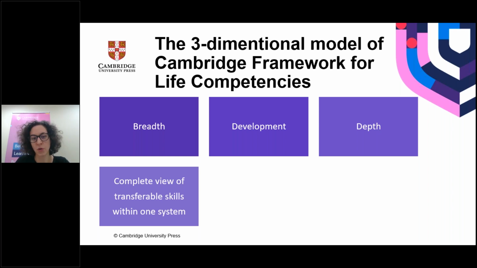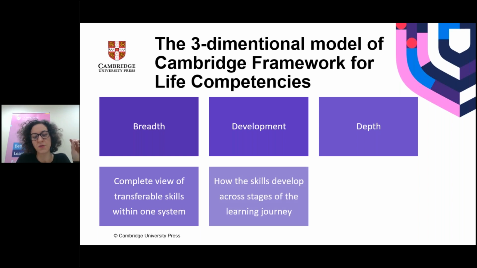I will show you later how it works, but for example, if we're talking about learning to learn, there will be a learning to learn area, and within this area there are three other core areas. All of them are transferable. That means that if we are talking about learning to learn in the primary classroom, the area will be the same in the secondary classroom. For example, it might be taking control of own learning. So this is a transferable skill.